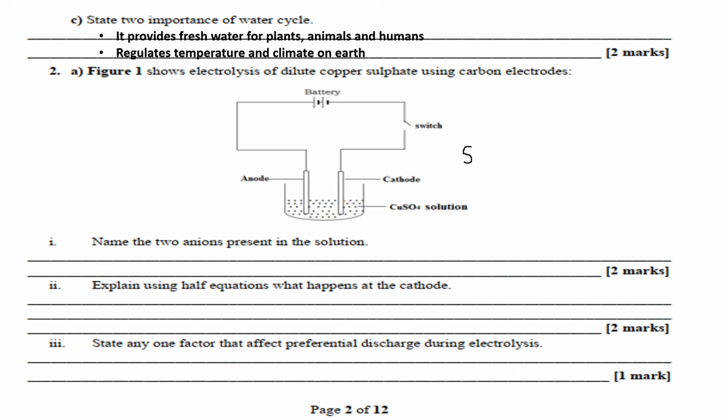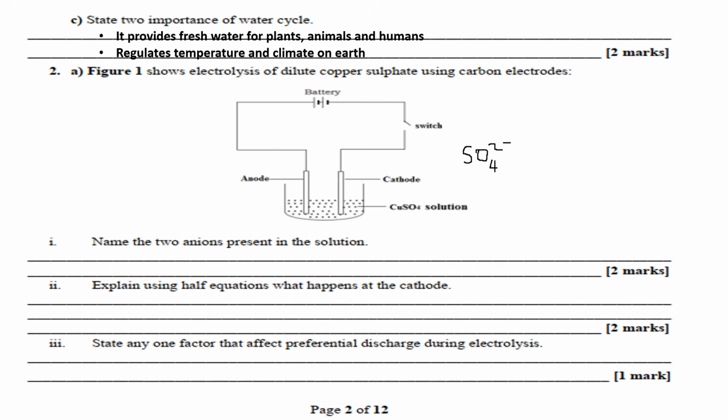You will have sulfate ions written as SO4 2 minus. This is called sulfate ion from copper sulfate.